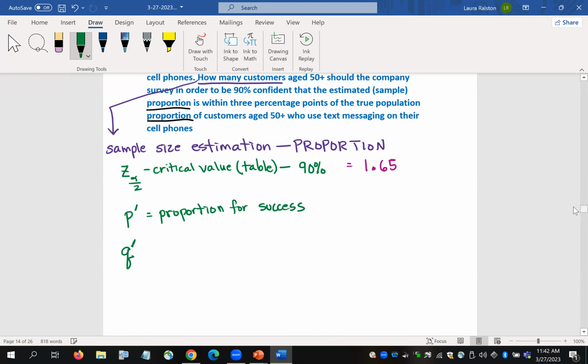Q prime is my proportion for failure. And we need the error bound proportion. Okay, so remember this is the margin of error, which should be given in the problem.